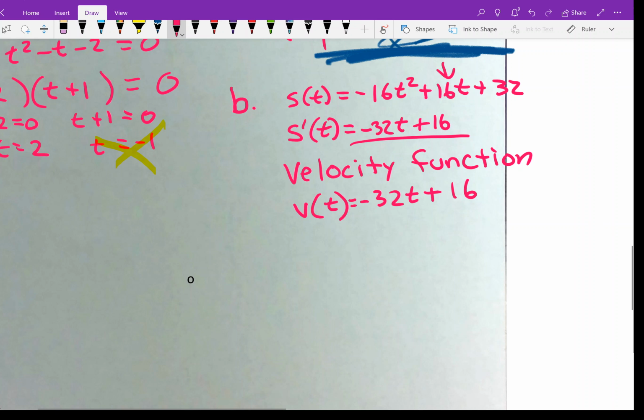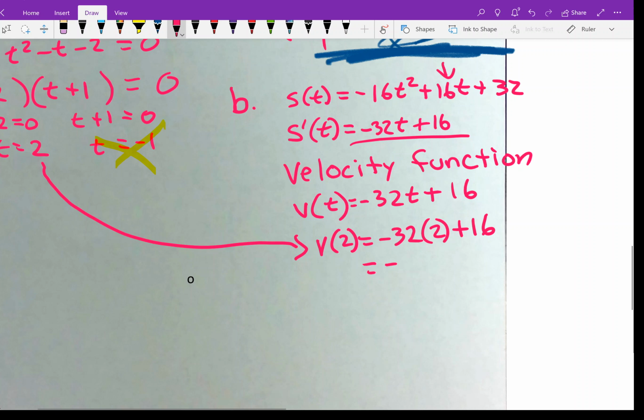All right, so if I want to figure out what his velocity was at impact, I already figured out that at 2 seconds he's impacting, right? So what if we just plug in the 2 here? So it becomes negative 32 times 2 plus 16.